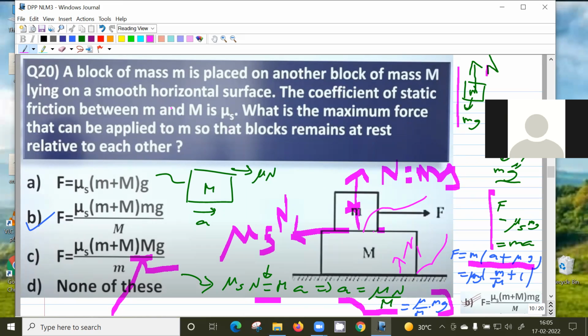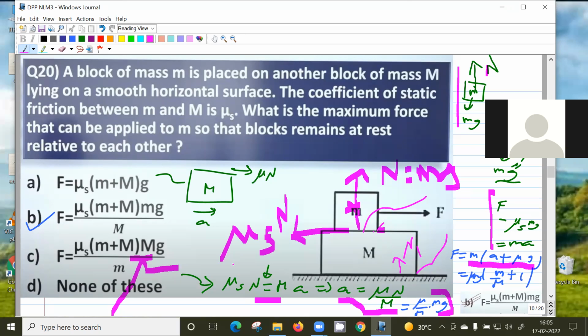So the question is: a block of mass m is kept on another block of mass M, this one. Basically we are applying a force here. If the force is very large, then the block will start slipping. I'm not bothered about what is happening at the bottom surface, whether it's slipping or not. I'm just seeing whether slipping is happening between m and capital M. That will happen if the applied force is greater than the limiting force.